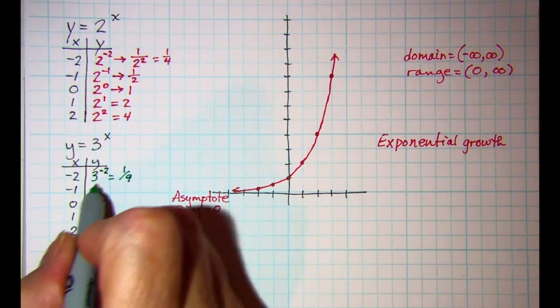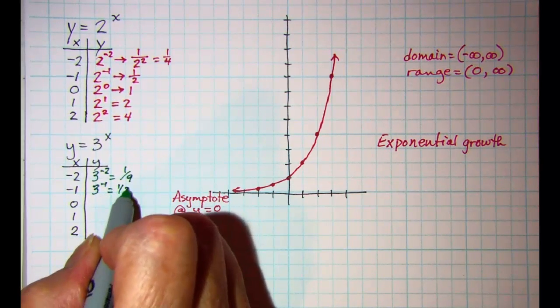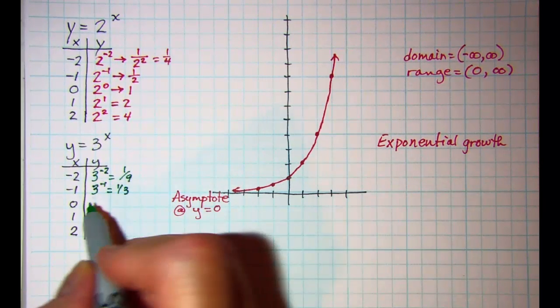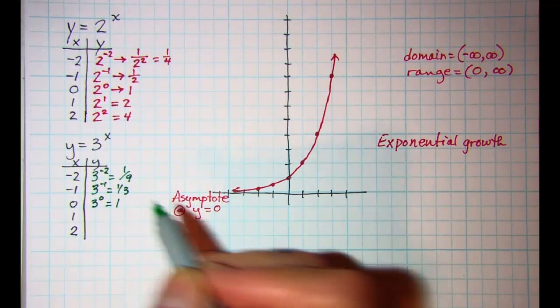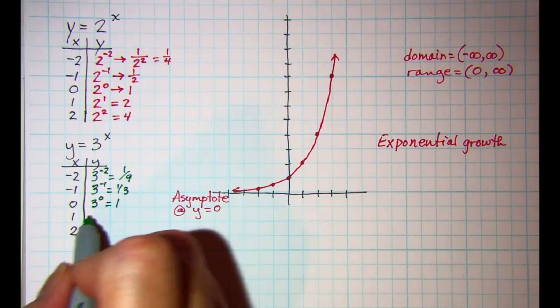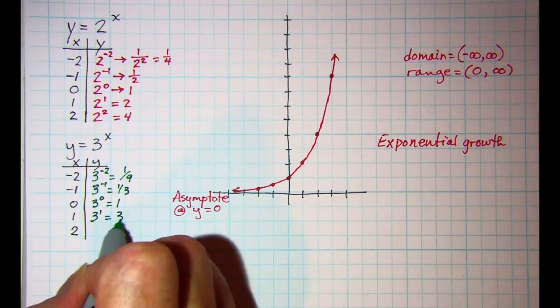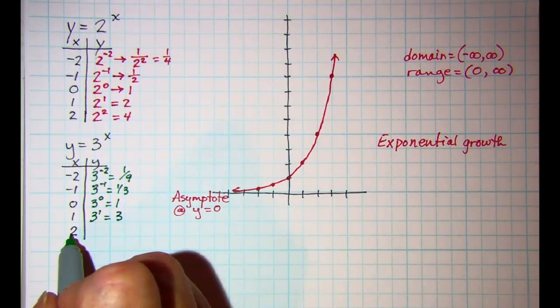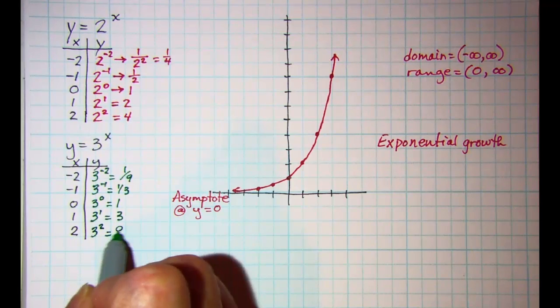When x is negative 1, we have 3 to the negative 1, which is 1/3. When x is 0, we have 3 to the 0, which is 1. When x is 1, we have 3 to the 1, which is 3. And when x is 2, we have 3 squared, which is 9.